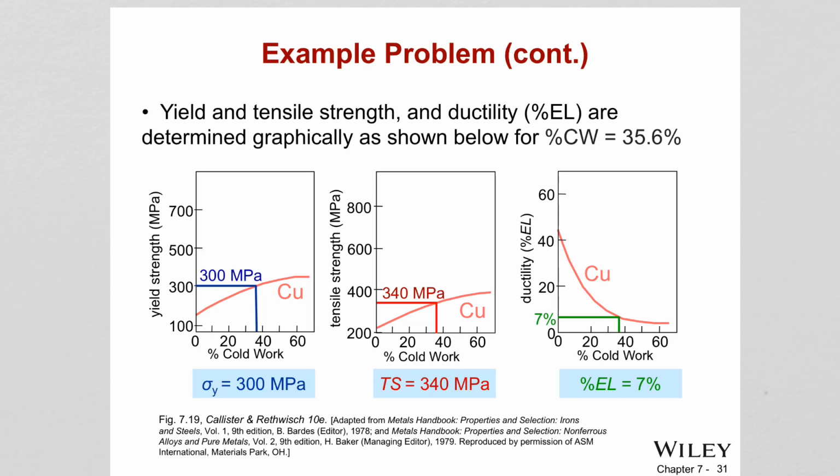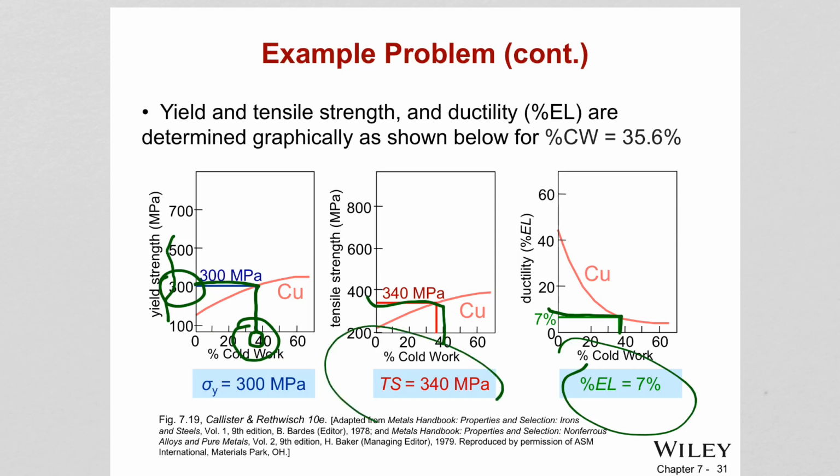From the amount of cold work, which was 35, you find that number in the percent cold work versus strength curve. You go and read the corresponding yield strength. So this much cold work will create this much yield strength in the material. And you do the same for other parameters, like tensile strength and ductility. This way you can read the information about ductility, yield strength and tensile strength.